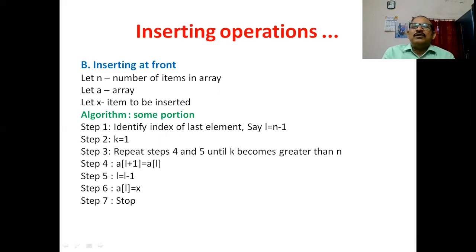Actually, what we are doing is shifting all elements in the array one position in the right direction. And next, we decrement the value of L by 1, so L is L minus 1. And repeat these two steps until k becomes greater than n.